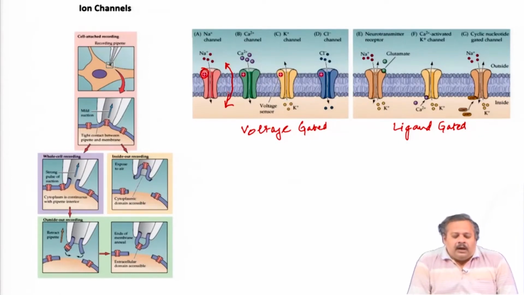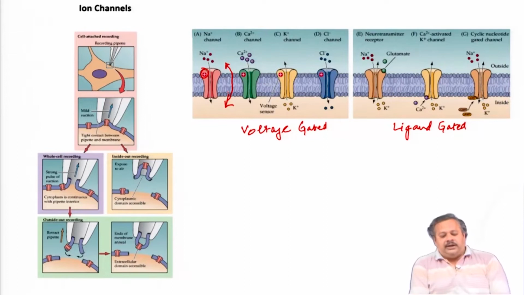Here we have examples of four different ion channels that are heavily involved in our course: the voltage dependent sodium channel, voltage dependent calcium channels, voltage dependent potassium channels, and voltage dependent chloride channels.